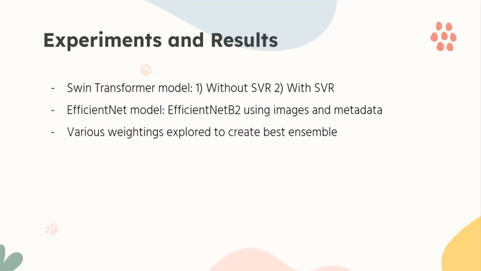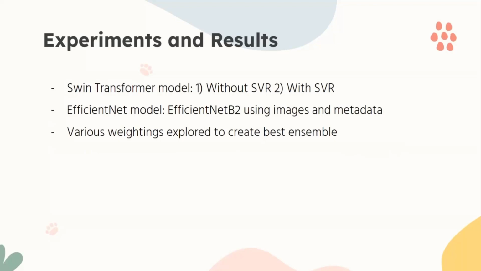For the Swin Transformer model, we tried 2 versions to combine with the best EfficientNet model, without SVR and with SVR. For the EfficientNet model, we used the best single model from the EfficientNet experiments, which is EfficientNet V2 using images and metadata.